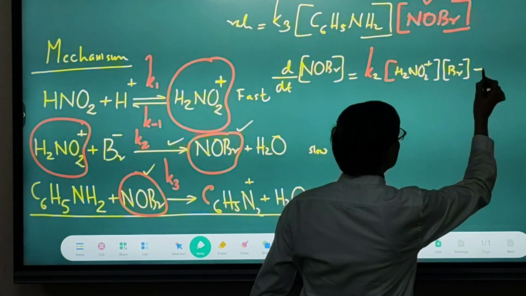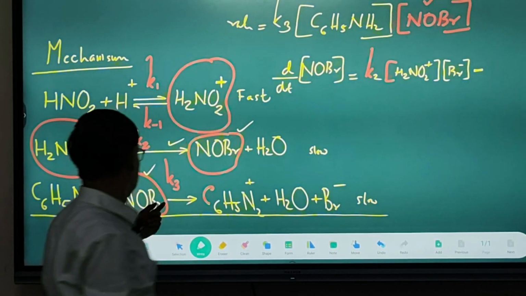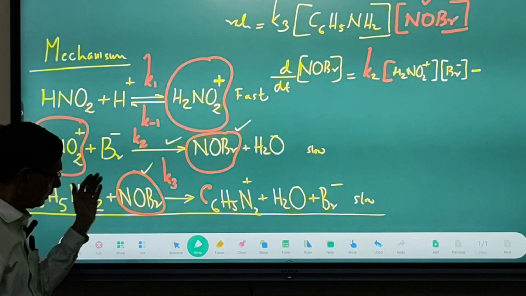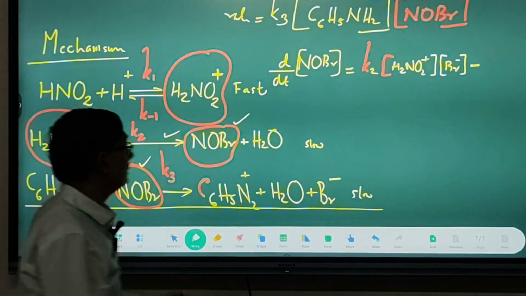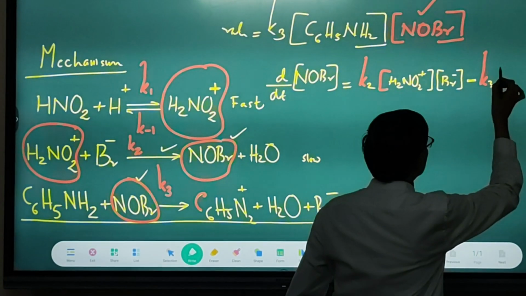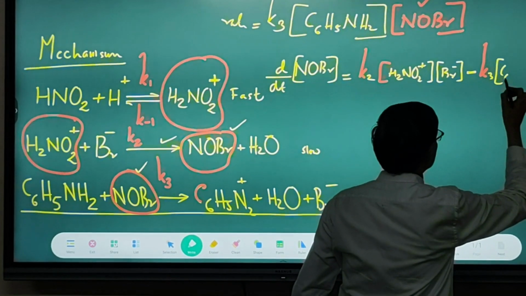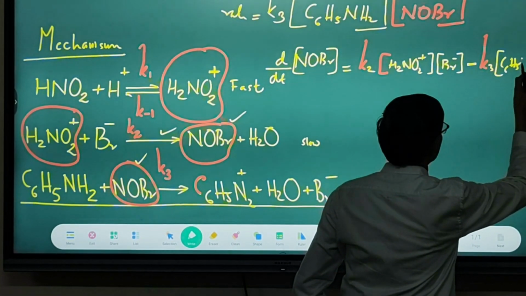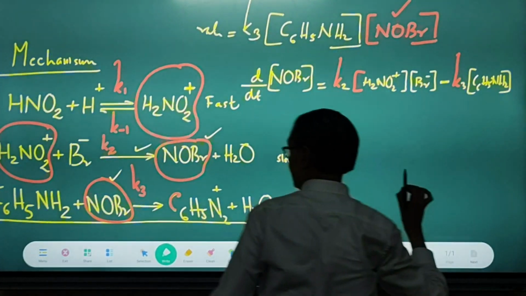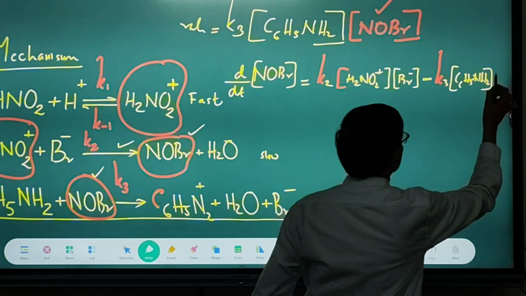Now why minus? Because in step number 3, the concentration of NOBr is decreasing. So I should write K3 C6H5NH2 and NOBr.